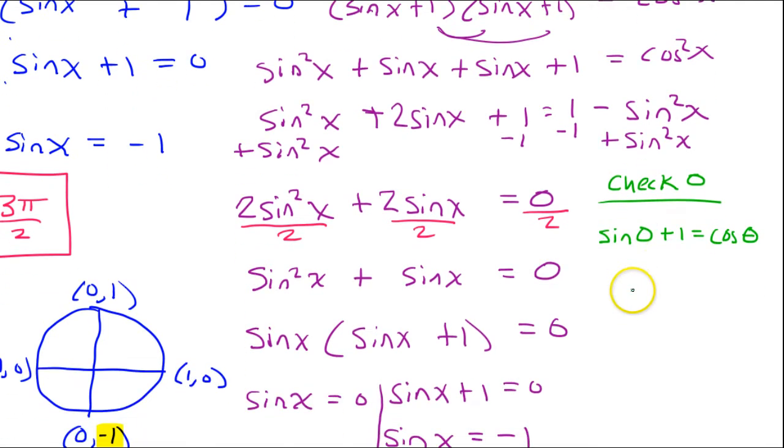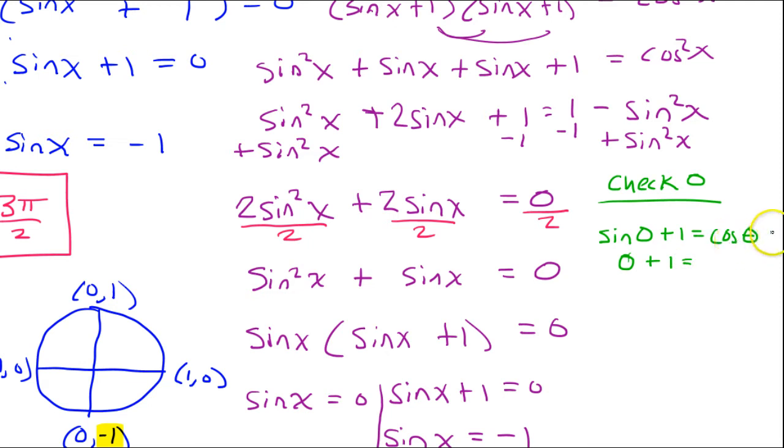And I'm checking to see if this is a true statement. Well, sine of 0, remember sine is a y value, so at 0, the y value is 0. So I've got 0 plus 1 equals, and then cosine.